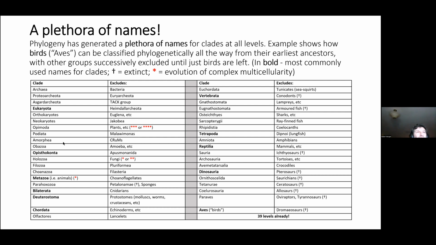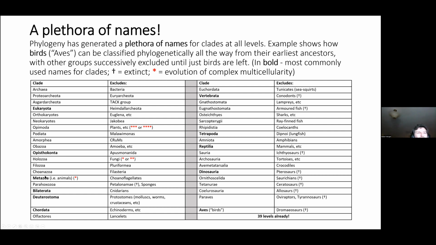And then you can go on, and people have named all of these groups as you get rid of various microorganisms, which are, if you like, not on the branch that leads to animals and eventually to birds. And eventually you get to this group, which again we'll mention later, that includes all the animals plus the fungi.